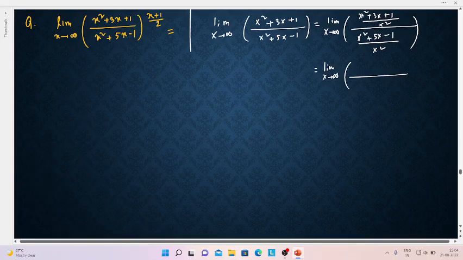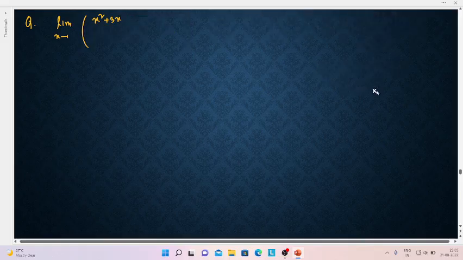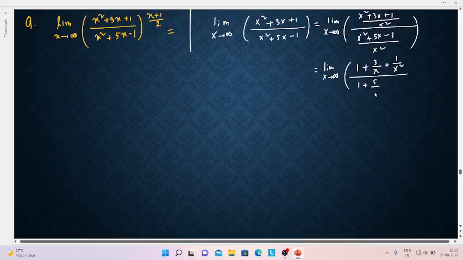The numerator will be x square over x square, which is nothing but 1, plus 3x over x square, which is 3 over x, plus 1 over x square, right? Similarly, the denominator will be x square over x square, which is 1, plus 5 over x, minus 1 over x square, right?